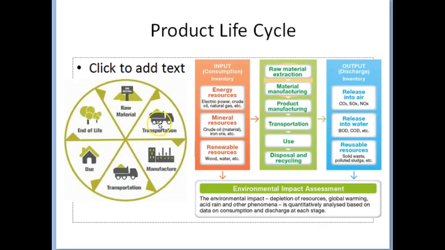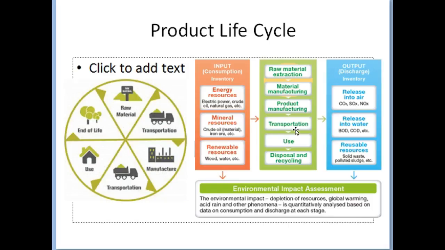Here, process steps are identified for each stage in the life cycle. The inputs, which include energy resources as well as materials, and outputs, which include the products, emissions, and pollutants, are determined for each step. Thus, emphasis is given to both energy and resource consumption as well as environmental discharges.